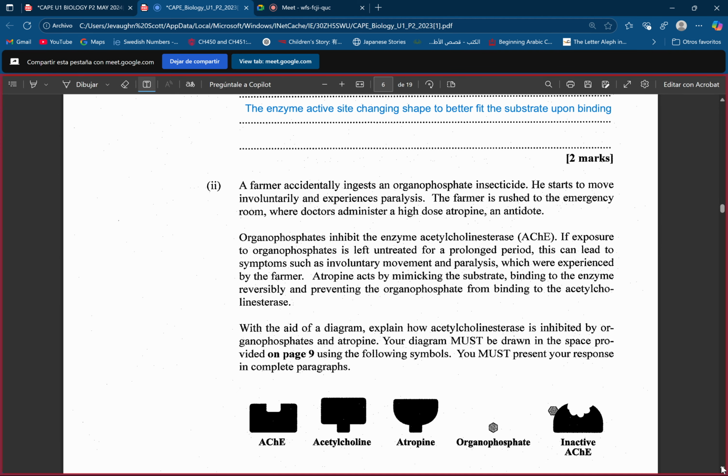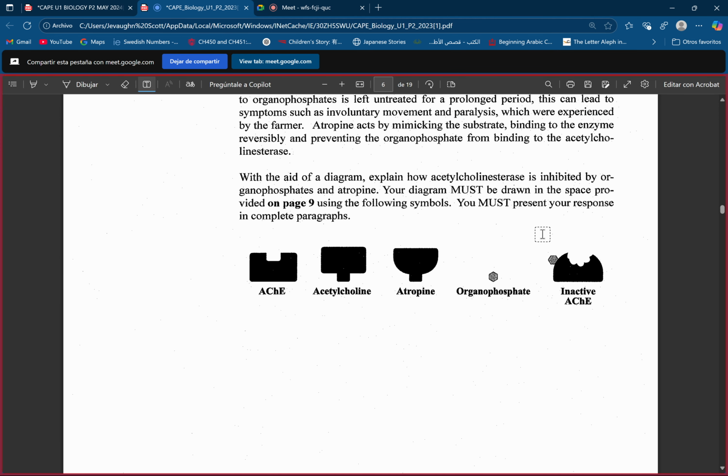Lovely. So see it there? Organophosphate is a non-competitive inhibitor because it binds to the allosteric site, right? So seeing something like that, atropine will act as that as well. So I need to understand that.